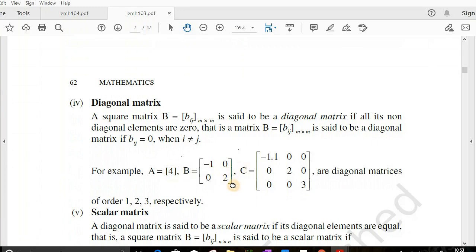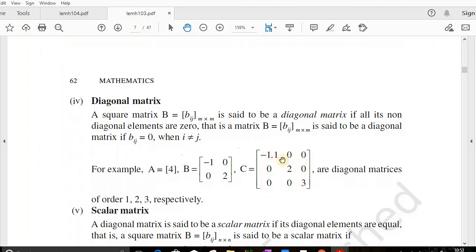This is a square matrix of order 2, with diagonal elements -2 and 2, but the non-diagonal are 0. We have to see only whether the non-diagonal elements are 0; then we call it a diagonal matrix. Here also the non-diagonal are 0. It doesn't mean that the diagonal must be non-zero.